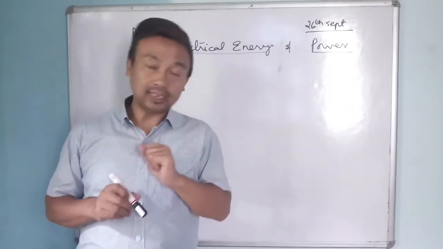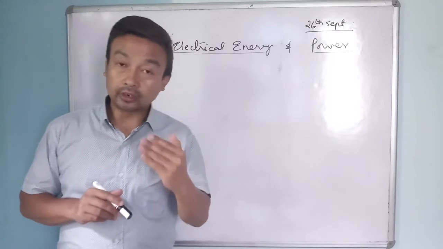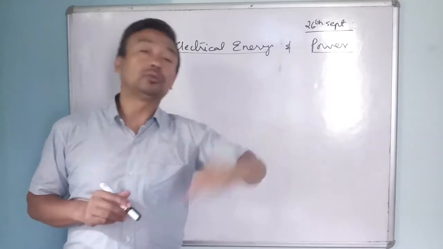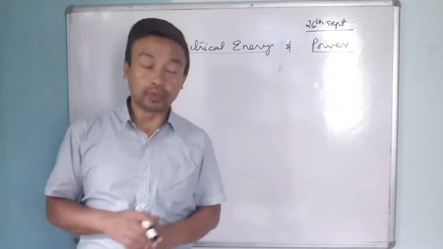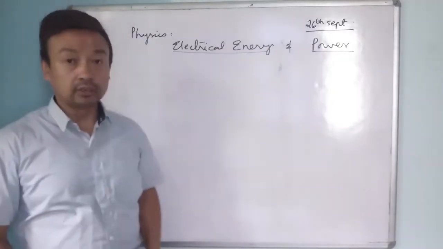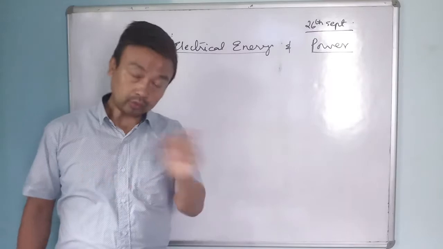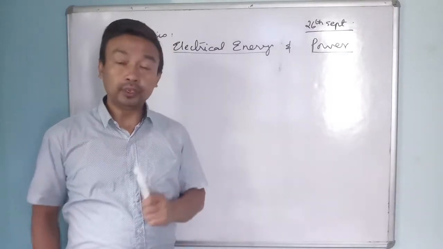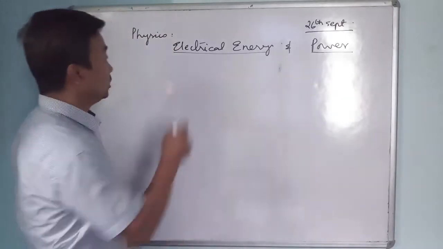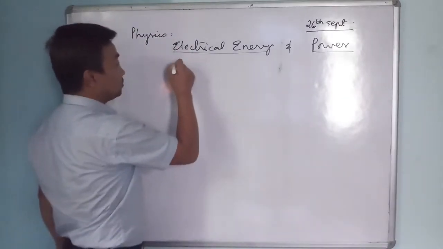So that is one example where electrical energy is converted into sound energy, one form into another form. Likewise, there are so many other examples. You can go through your textbook, where you will find around 8 to 10 examples. Please go through that.